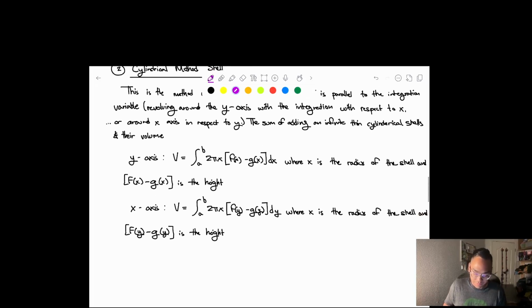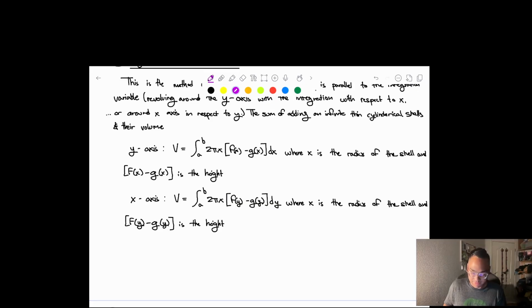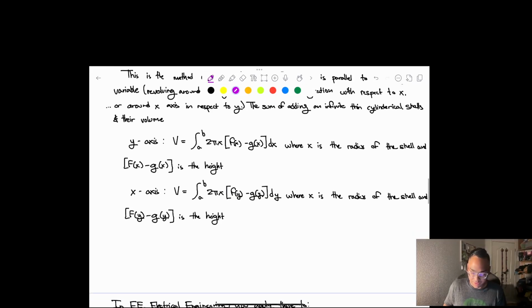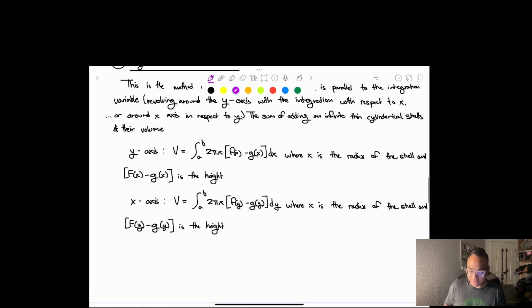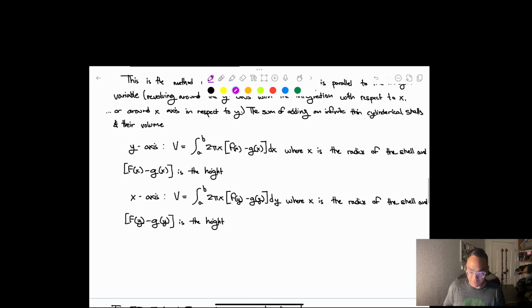So we get this formula. For the y-axis, it's going to be V is equal to the integral from lower limit a to upper limit b of 2 pi x, bracket f of x minus g of x, bracket dx. I like using brackets because sometimes the parentheses get a little too much, and a bracket kind of helps us separate, where x is the radius of the shell and f of x minus g of x is the height.